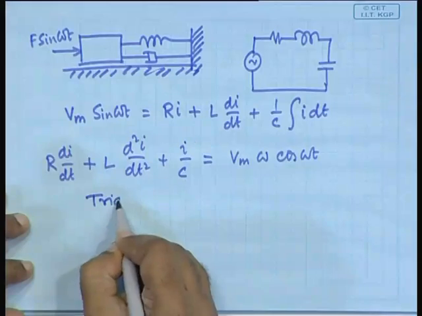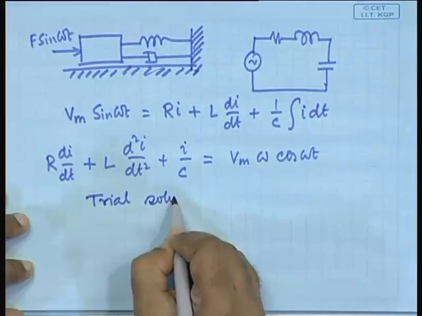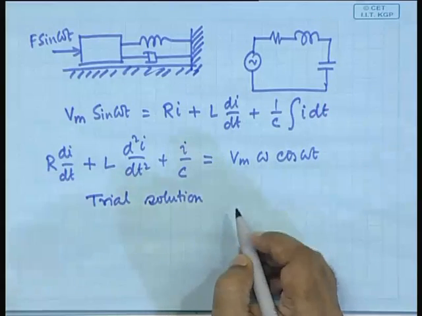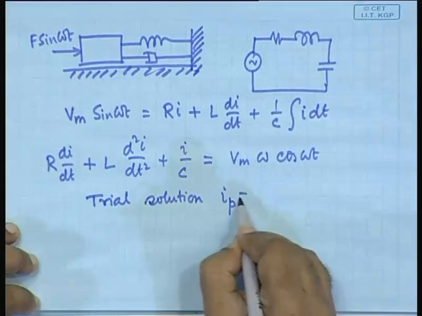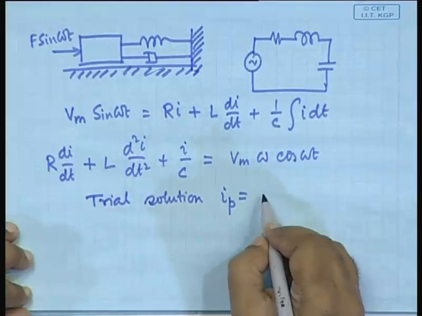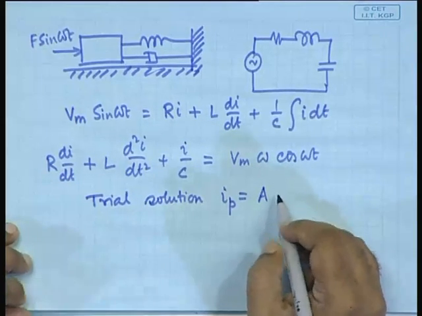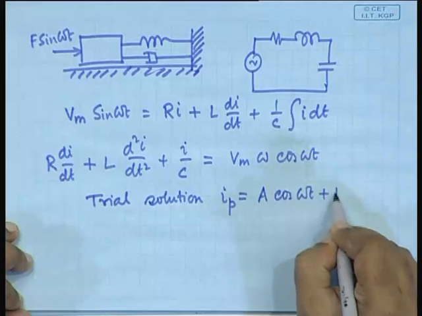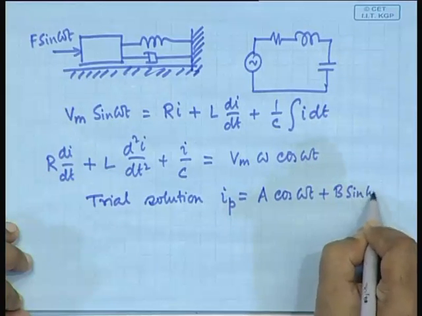Again, we will write the solution, a trial solution, as, here we are talking about the steady state solution. So, I p is a cos omega t plus b sin omega t.